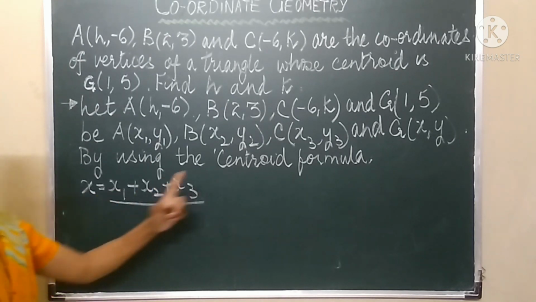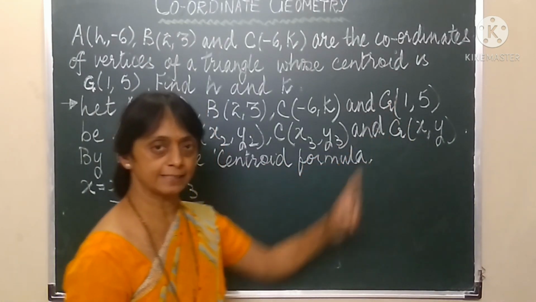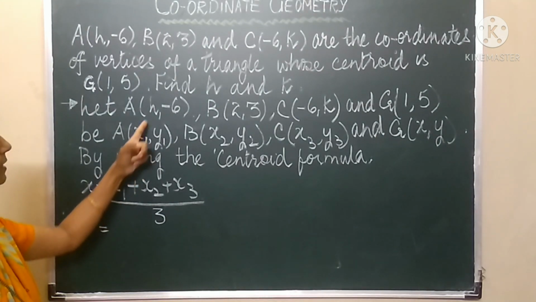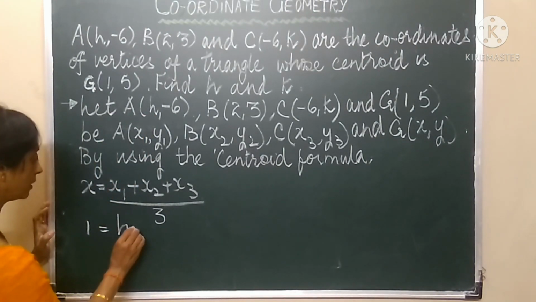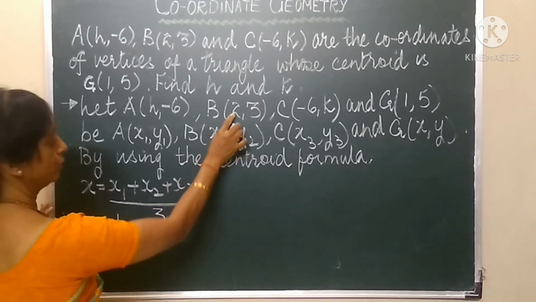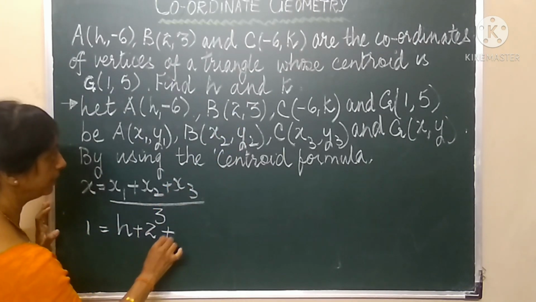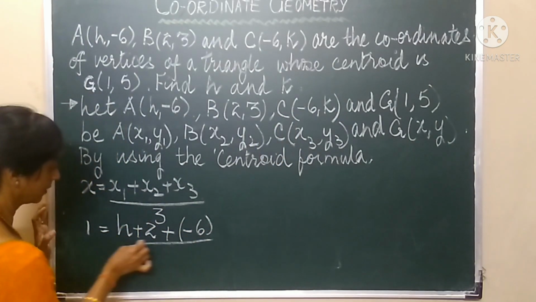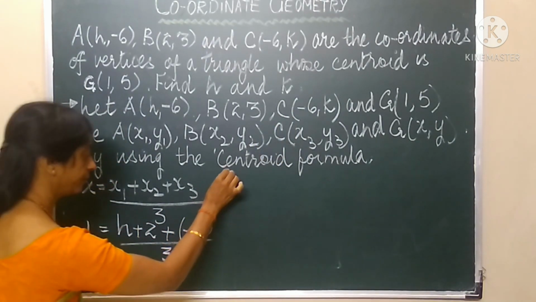Is x given? Definitely. The value of x is 1, which is equal to the value of x1 is h plus x2 is 2 plus x3 is minus 6, upon 3.